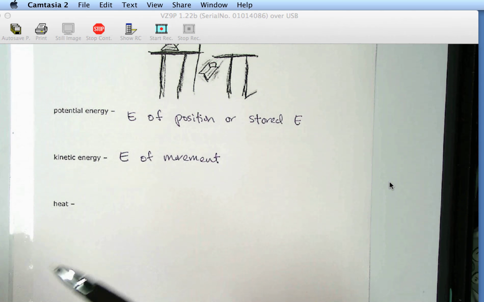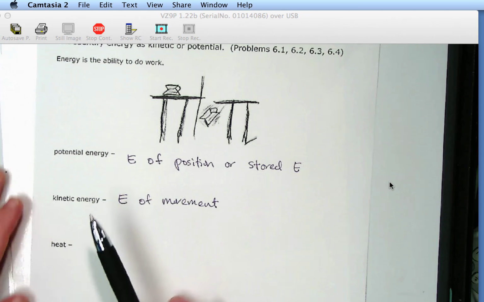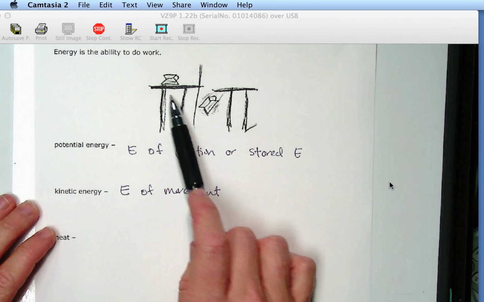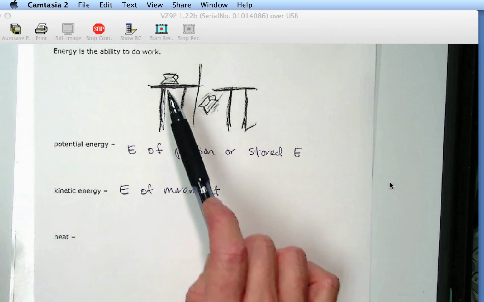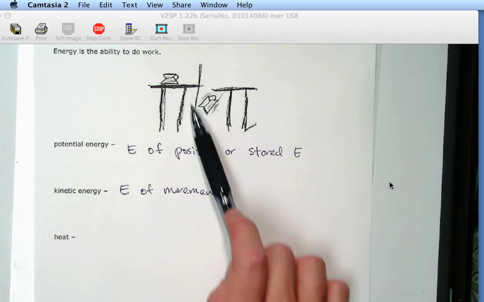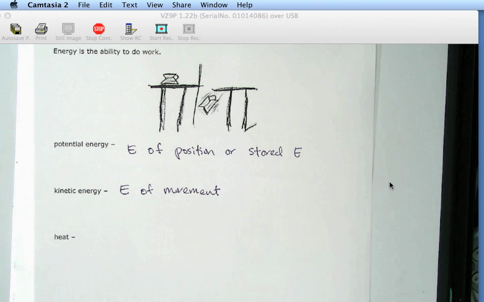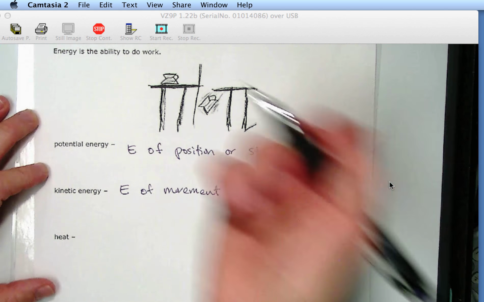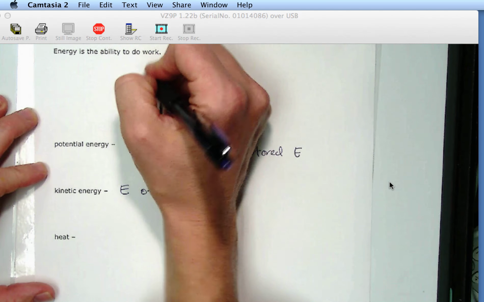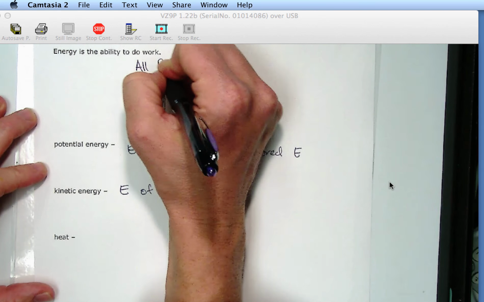So when you look at this sketch, which one has potential energy and which one has kinetic energy, the drawing on the left or the drawing on the right? Yes, so the left is all potential energy.